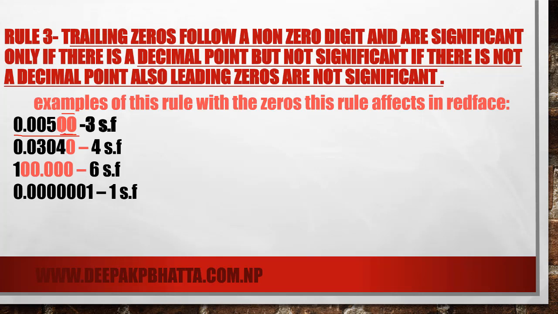These are significant, but these zeros in front of 5, the 0.00, are not significant because they are called leading zeros. That's why the significant figure count for this number is 5, 0 and this 0, only 3.